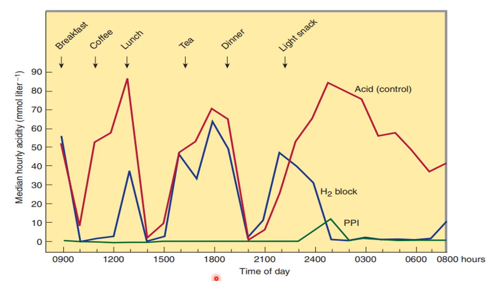Whereas the proton pump inhibitors markedly suppress the meal stimulated secretion of gastric acid as well as the nocturnal acid secretion. So these are the differences between H2 blockers and proton pump inhibitors.